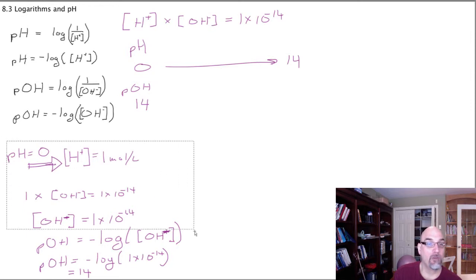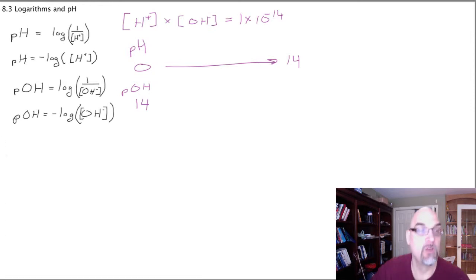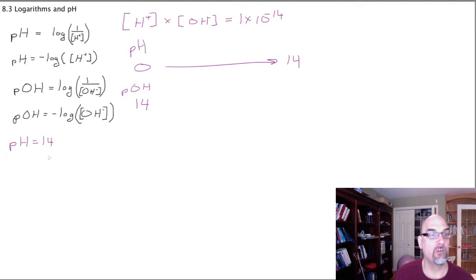Okay, so let's see what happens on the other end. So if my pH is equal to 14, well, we just saw what that corresponds to. That means that my molar concentration of hydrogen ions equals 1 times 10 to the minus 14. And you can just rewind this video to the start if you don't remember doing that, but we just did that.